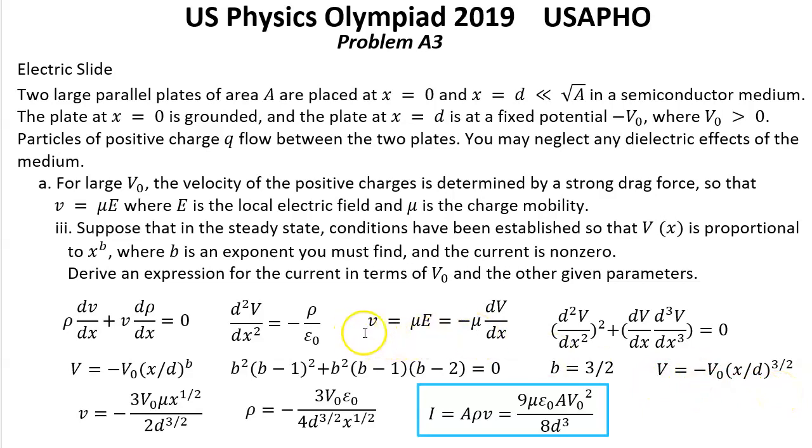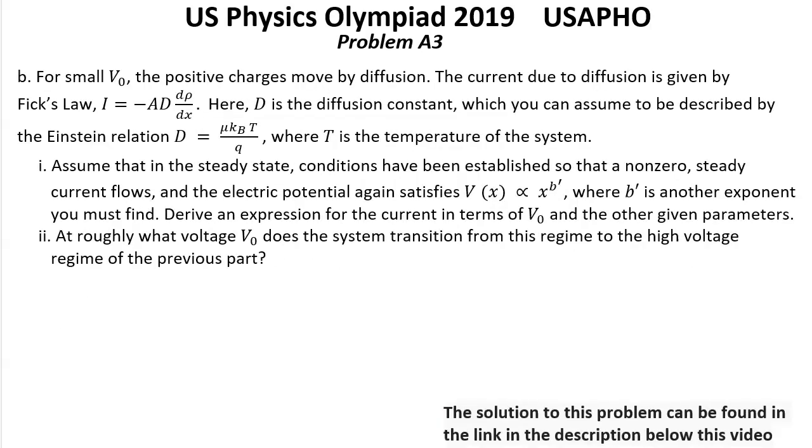V we can find from this formula, and rho we can find from this expression. And the current equals A rho v, which is this expression. That's the answer for question 3 from part A.